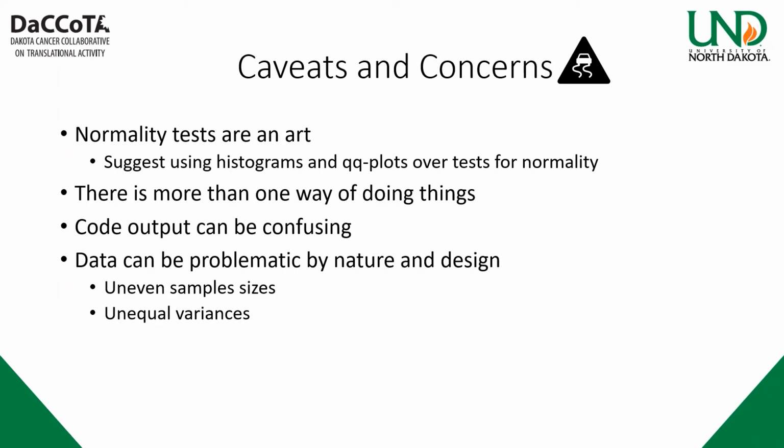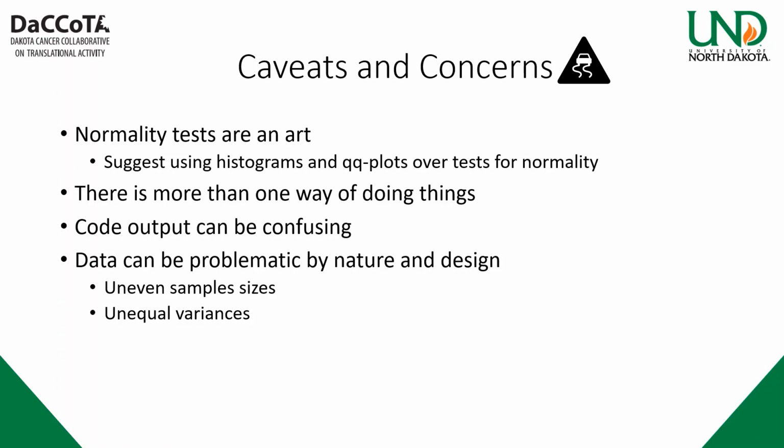Finally, data can be problematic both by nature and design. That fish example is kind of problematic because of the sample sizes: there are only a few whitefish and a bunch of perch. That really was by nature, since they were pulling fish out of the ice and couldn't decree that an equal number of fish come out.